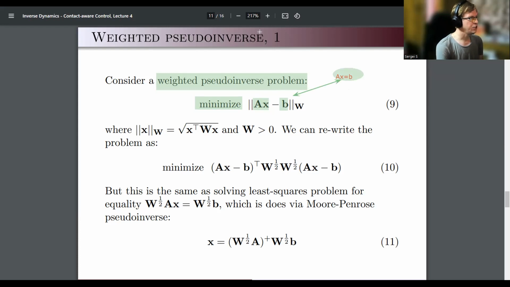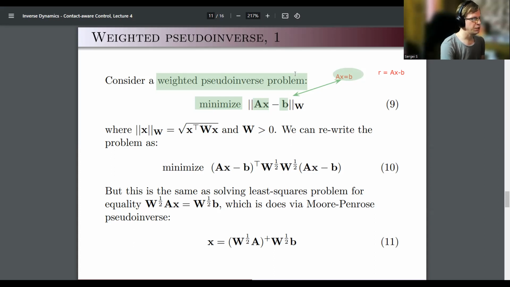We minimize the residual. Ax minus b is the residual of this equation. Just in case you don't know, the residual is Ax minus b. If the equation is not an equality, if it doesn't have a solution, what is the residual? So we want to minimize the residual here.